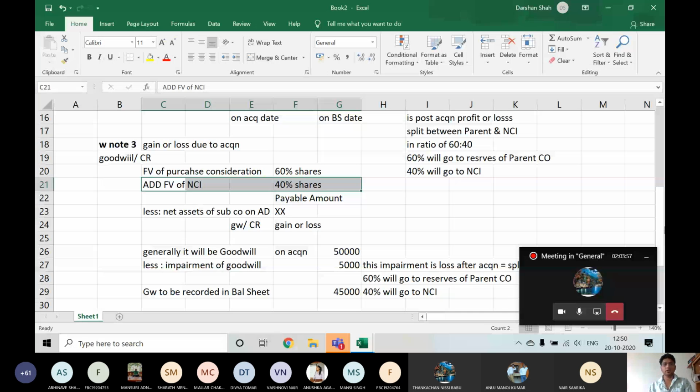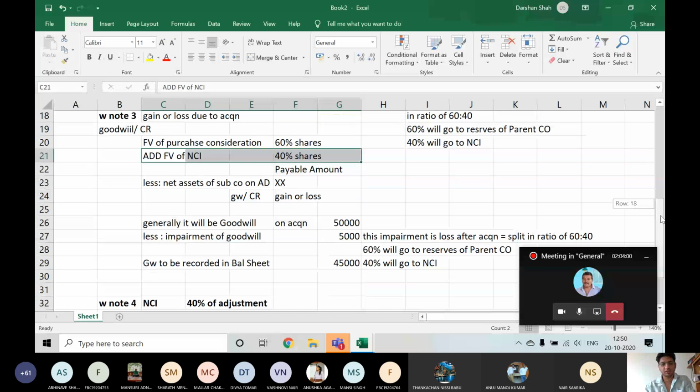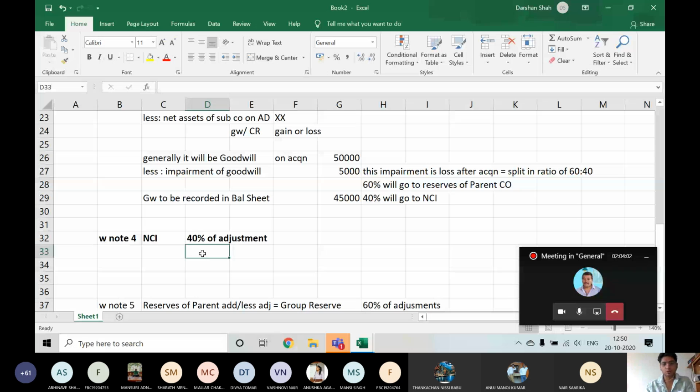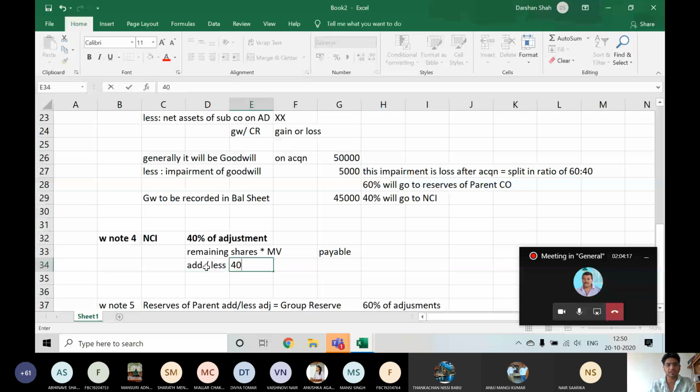Yes, sir. बिल्कुल. ओके सो अपना रिमेनिंग शेयर्स इनटू मार्केट वैल्यू, ये भी तो पेएबल था. तो यहां से स्टार्ट करेंगे, एनसीआई विल बी स्टार्टेड विद दिस एडजस्टमेंट एंड देन ऐड और लेस योर 40% adjustment of profits or losses. So I'll just say add 40% of profits, correct, and less 40% of any losses.